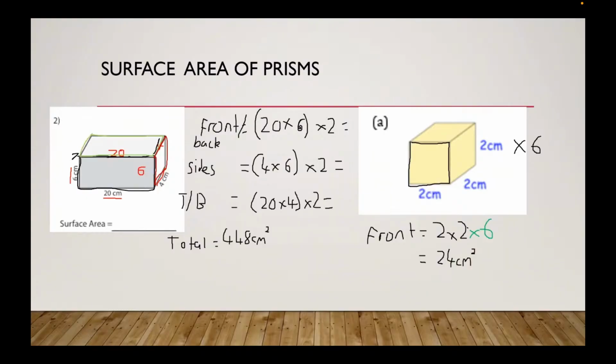And that method is find the area of every single face you see and then just add them together. Regardless if it's a rectangle or square or triangle or trapezium, find the basic formulas and then go through those.